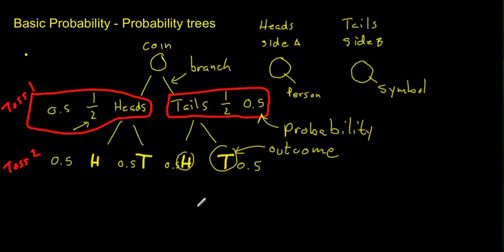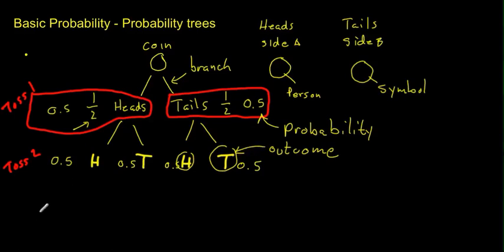So when we are trying to work out the probability of an event happening, we need to use these decimal numbers to work it out.